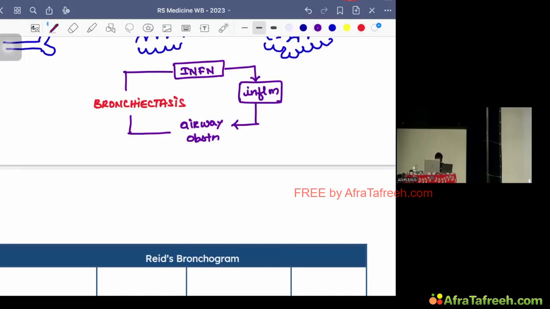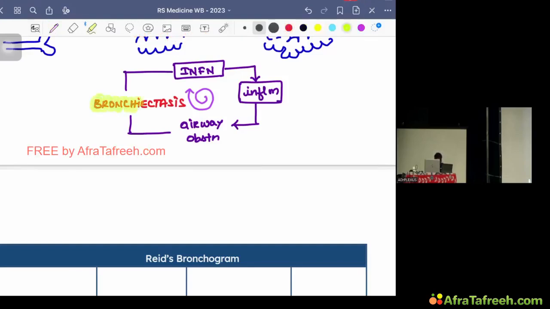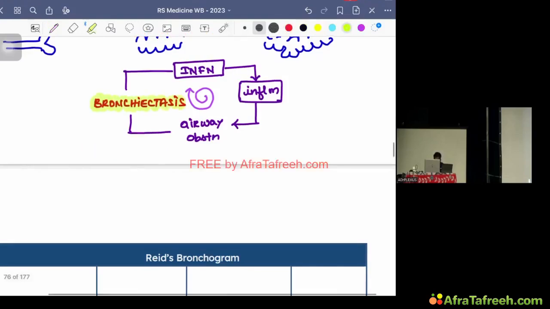So the patient has infection, inflammation, airway obstruction, bronchiectasis, and this cycle keeps on repeating, leading to further worsening of bronchiectasis. So there should be an inciting infection. Infection leads to inflammation, inflammation leads to airway obstruction, and that in turn leads to bronchiectasis. This keeps repeating in the patient.